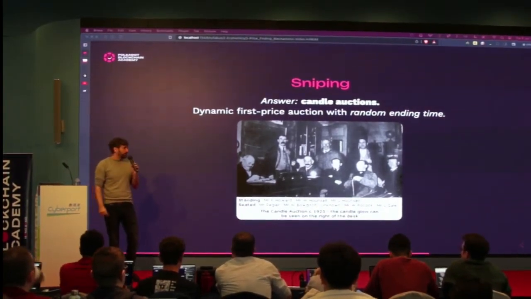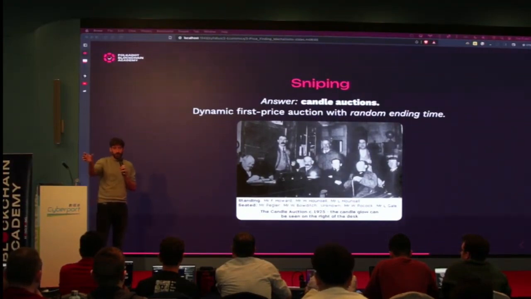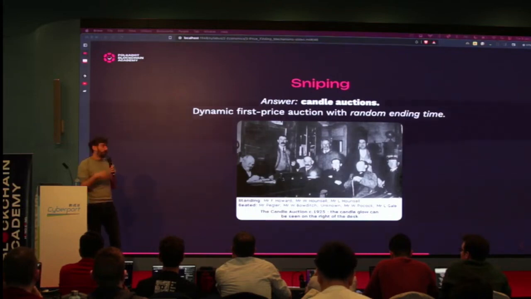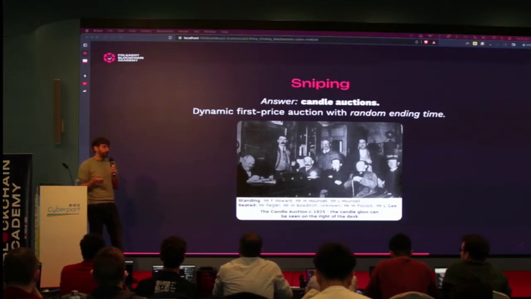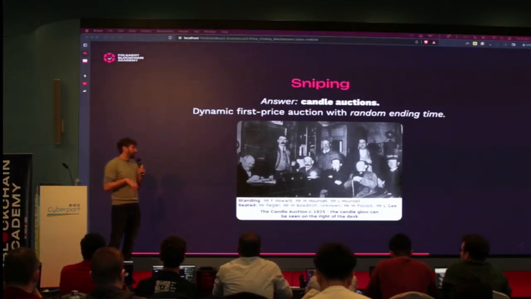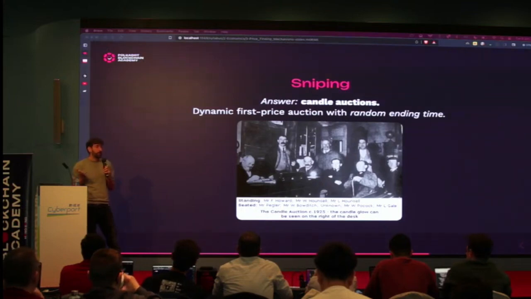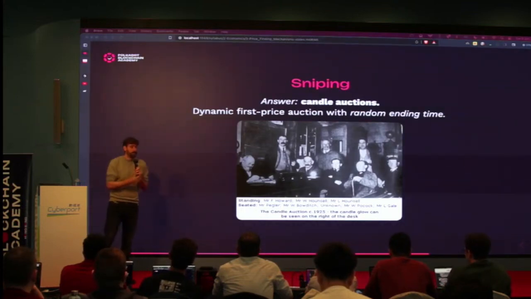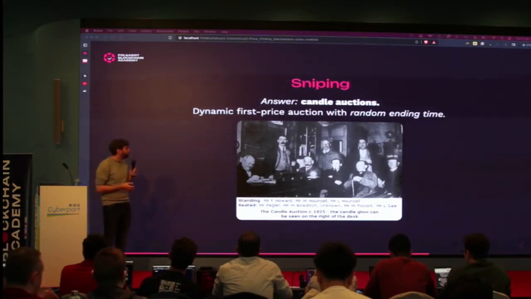What happened there is that there was literally a candle in front of the auctioneer, and he would take bids as long as the candle was still going. The idea is nobody knows when this candle goes out. And this actually reduces the case for sniping, right? Because you couldn't snipe it, as you didn't know when it ends. For it to be sniping, you need to know the ending time.